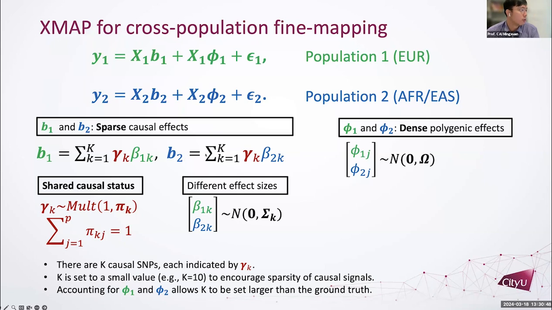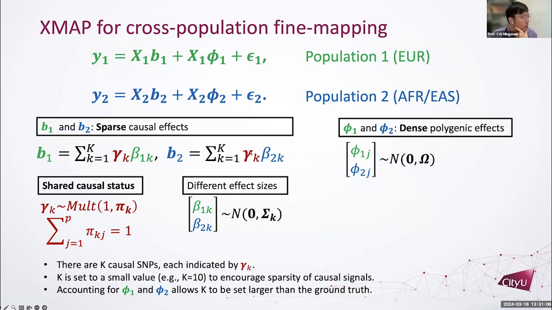Now for B2, we have almost the same structure. We have the same K causal signals and its own effect size beta 2K. But the causal status gamma K is the same across the two populations, so as to leverage the information from X1 and X2.